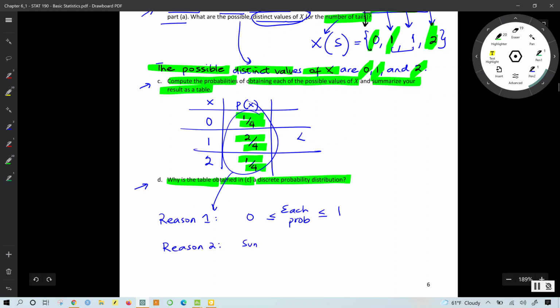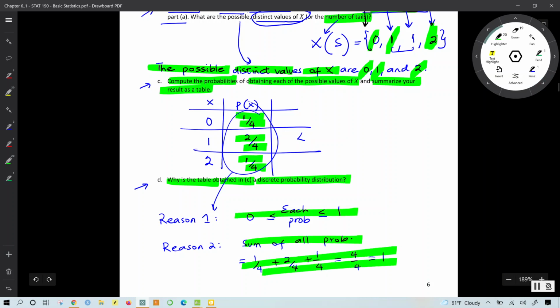The sum of all the probabilities, which is 1 over 4 plus 2 over 4 plus 1 over 4, is equal to 4 out of 4, or 1. Because these two properties are satisfied, we can say that this table is a discrete probability distribution or a discrete probability model.